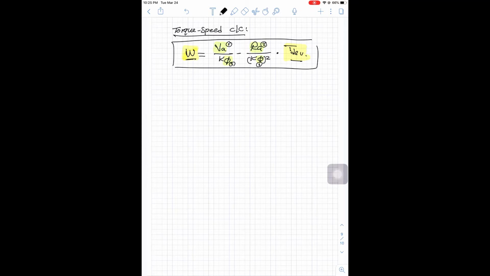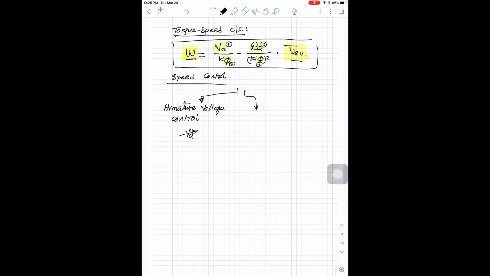And these are the three types of speed control we have. So what are the speed control types we have? The speed control types are armature voltage control, which means we are changing VA.